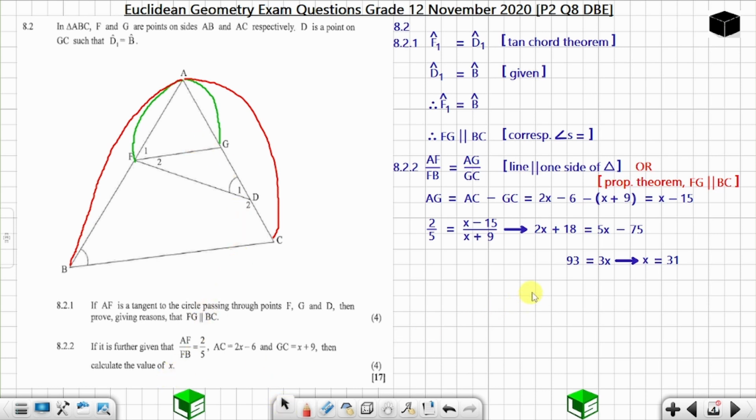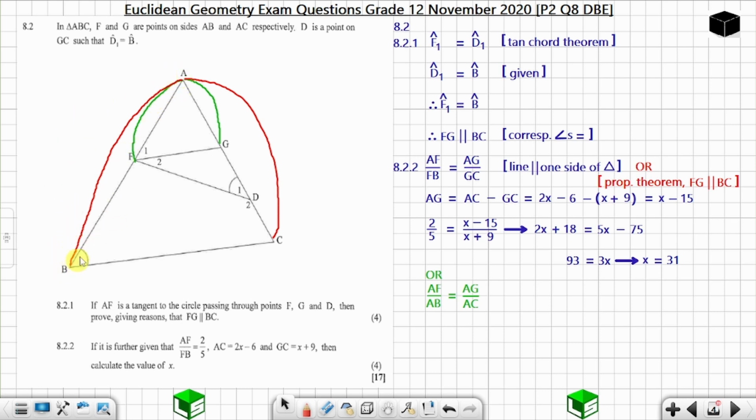So AF over AB is equal to AG over AC. AF is equal to 2, AB is equal to 7. Okay, FB is 5, AF is 2, so AB is 7.